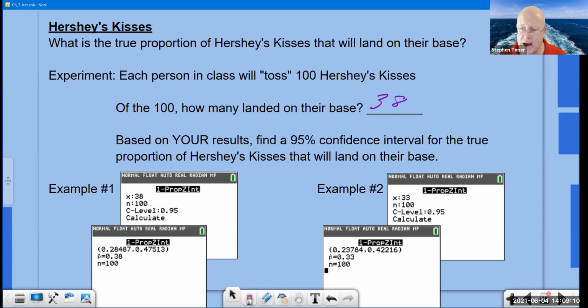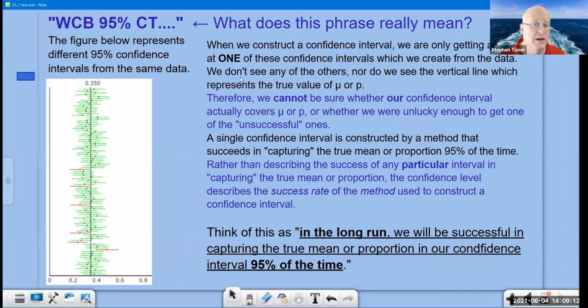We only get to see that one interval. We don't see any of the other intervals from our classmates, nor do we see that black vertical line, which represents the true value of mu or p, depending on whether we're dealing with means or proportions. Therefore, we cannot be sure whether our confidence interval actually covers mu or p, or whether we were one of the unlucky ones to get one of the unsuccessful ones, which I've colored in red, that don't cover the true proportion.